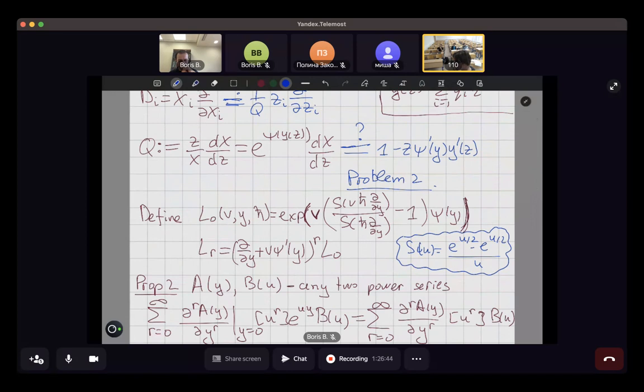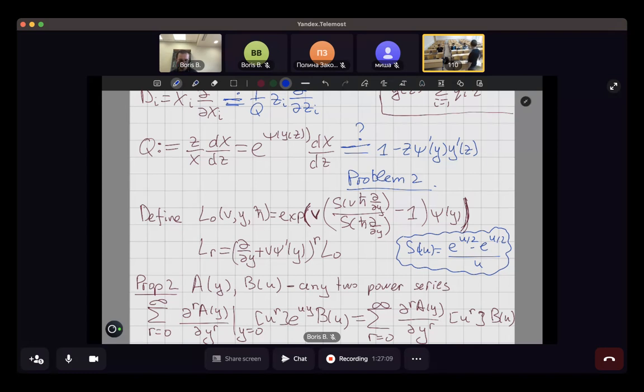Когда r фиксировано, то v, приходящее отсюда, ограничивается максимальной степенью r. И поэтому в LR, при фиксированной степени h, v не бывает больше некоторой фиксированной величины. Соответственно, эта сумма конечна.